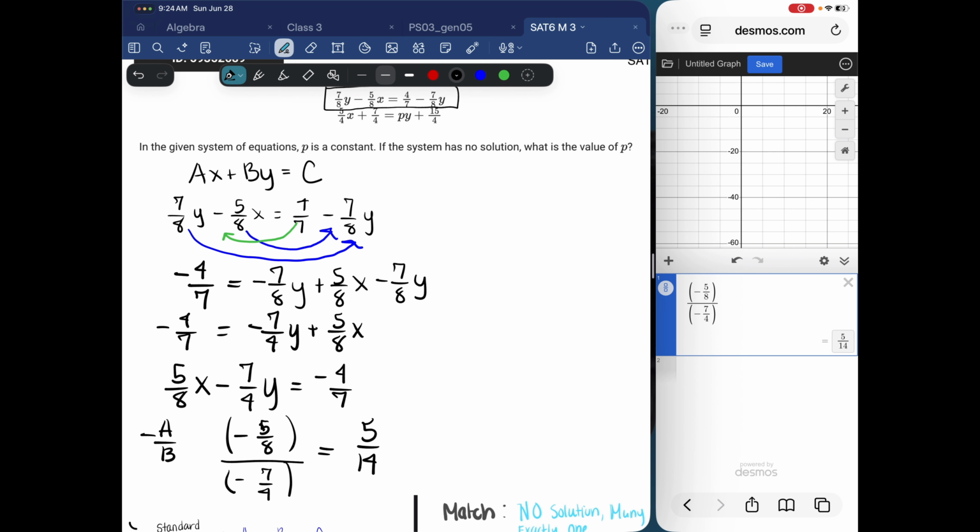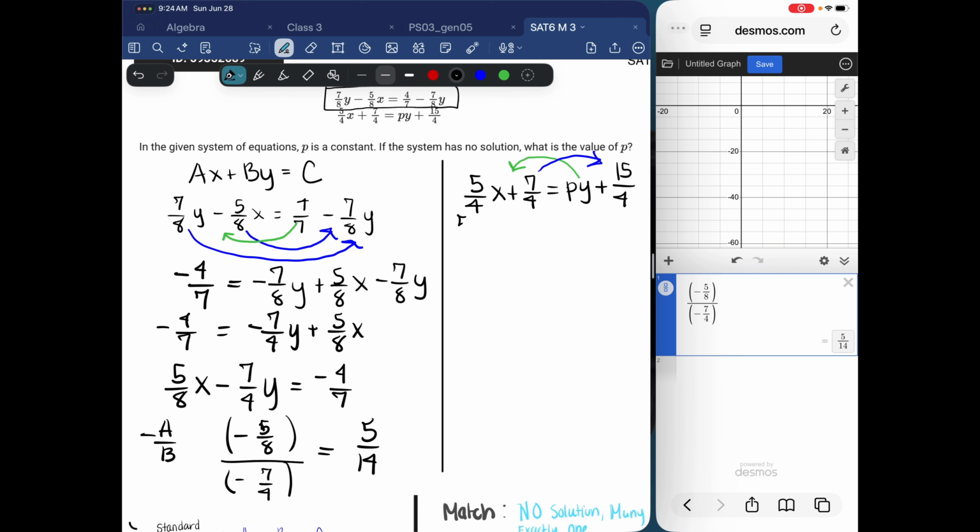Okay, now I'm going to do the same thing for my second equation. 5 over 4 x plus 7 over 4 equals p y plus 15 over 4. In this case, my a is already positive, so I'm just going to move this y term to this side. Then I need to move the constant to the other side.